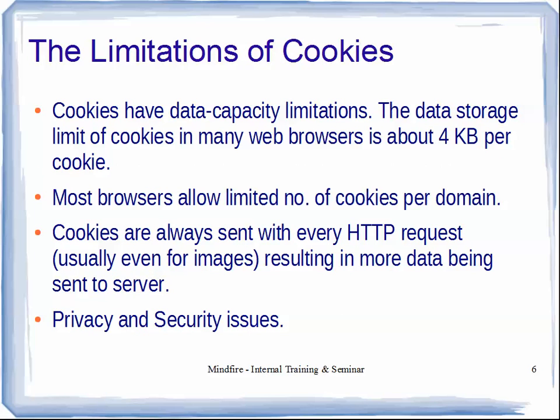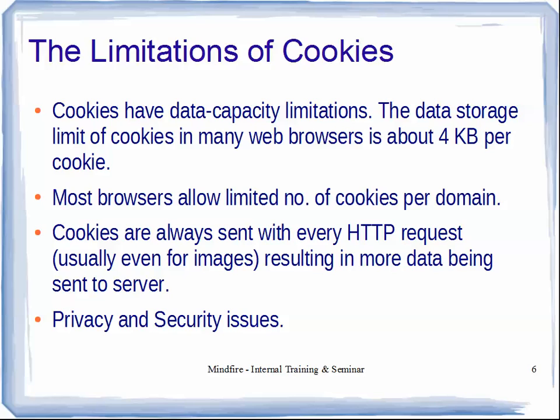Now, limitations of cookies. The first limitation is data capacity. Most browsers allow 4 KB of data per cookie, and there is also a limit on the number of cookies for a particular domain, depending on the browser.